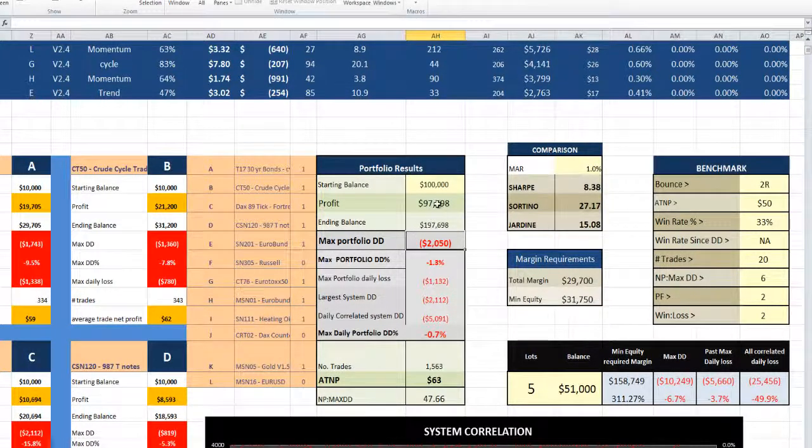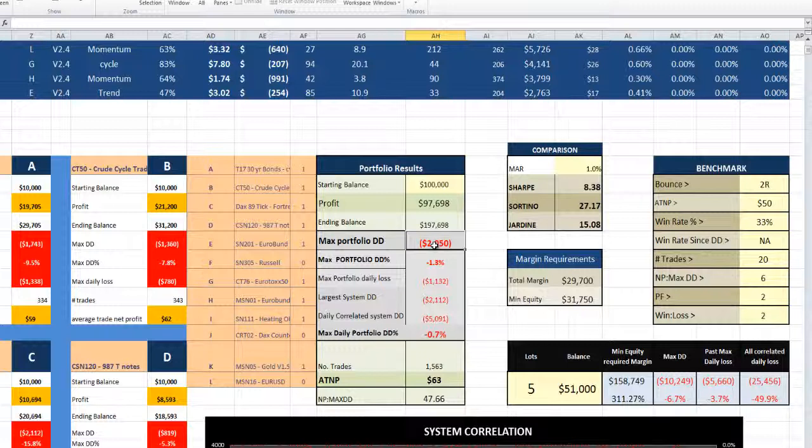So basically, if we run this strategy with no money management, we're trading one contract, we're making $97,000 on a $100,000 account, trading our systems with a max drawdown of $2,000. That is phenomenal. So our net profit to our max drawdown, that ratio is 47.66. That is phenomenal. So really what we want to do now is we want to add in money management.